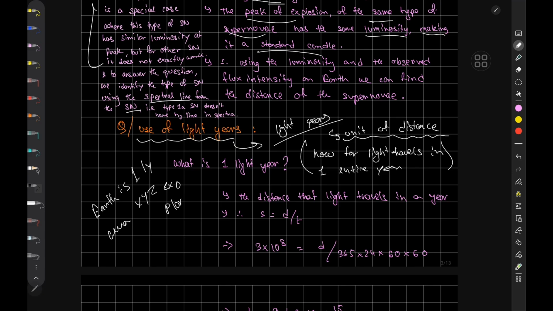I have zero clue, I'm just saying. So let's say something is 1 light year away from Earth. That means for light to travel from Earth to that exoplanet, it will take 1 whole year. Or for anything traveling at the speed of 3 into 10 to the power 8 meters per second, it will take 1 year to go from Earth to the exoplanet. So that is what 1 light year means, the distance.